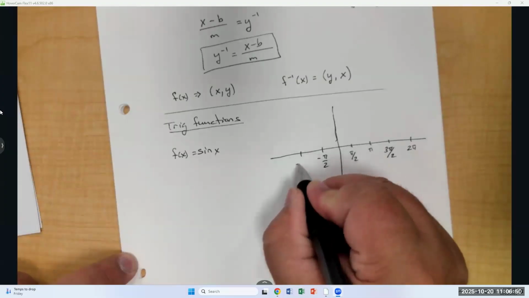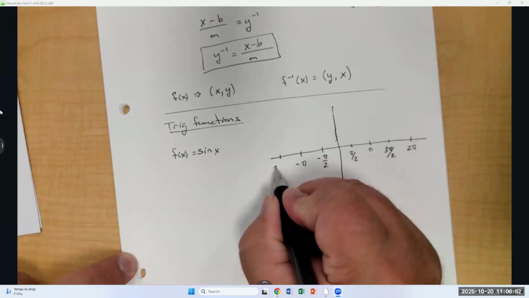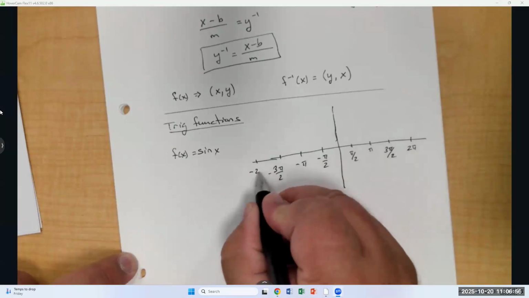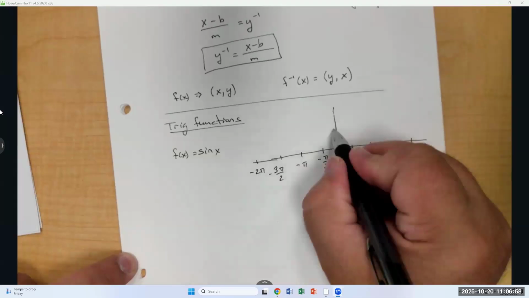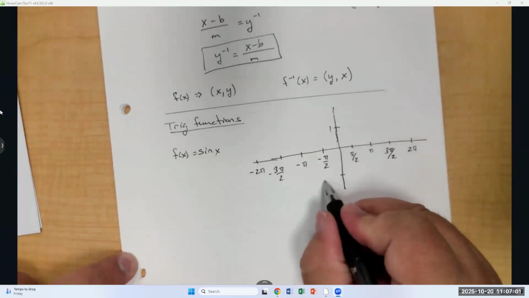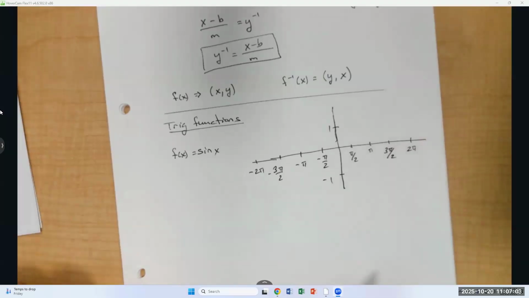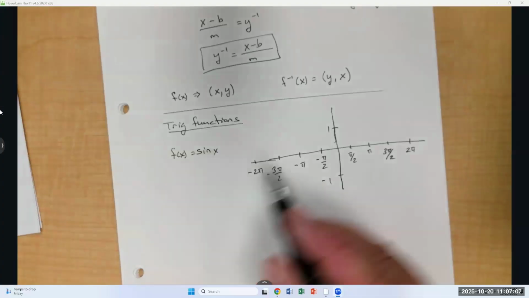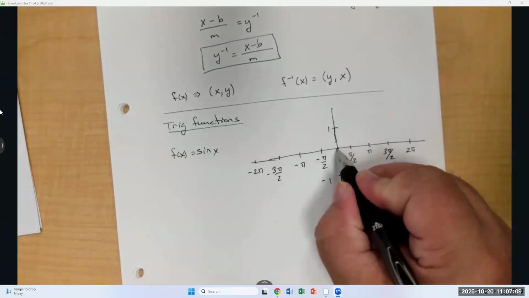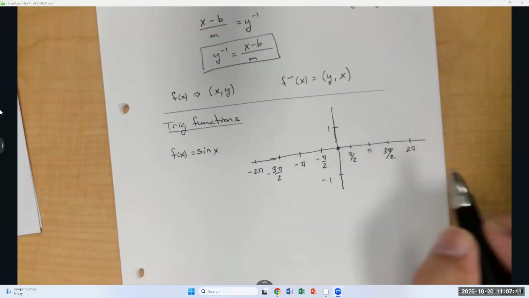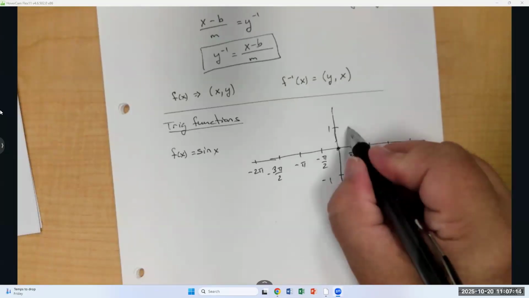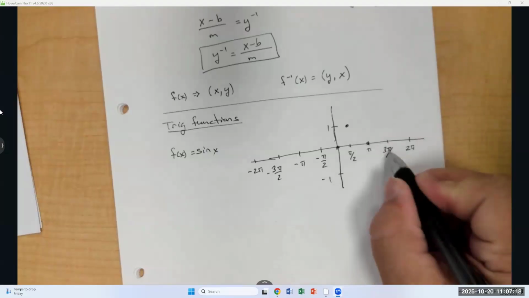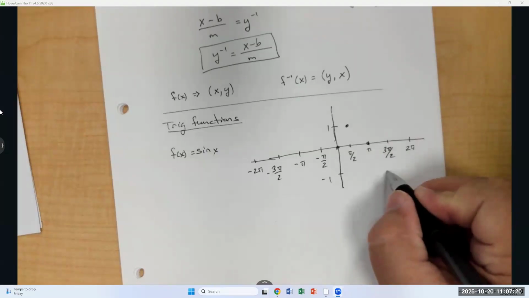Negative pi over 2, negative pi, negative 3 pi over 2, and negative 2 pi. The bounds are from -1 to 1. So the sine function at 0, sine is 0. At pi over 2, it's 1. At pi, it's 0. At 3 pi over 2, it's -1.